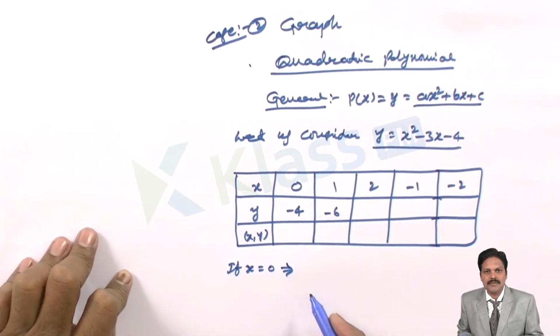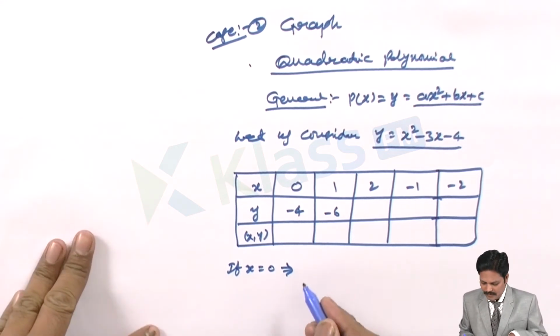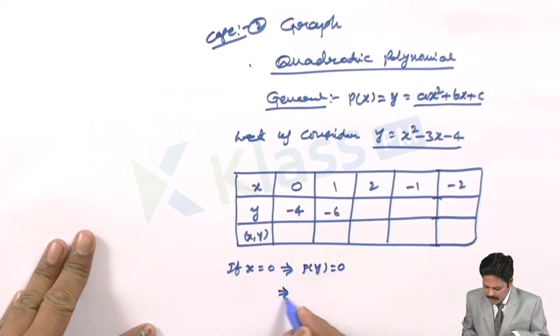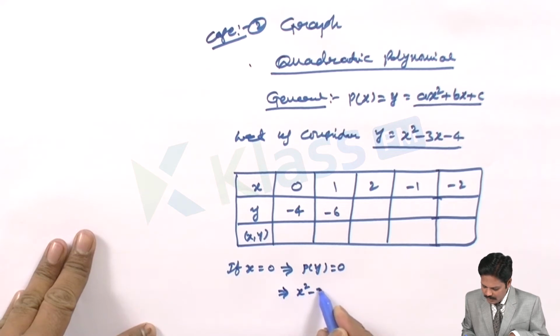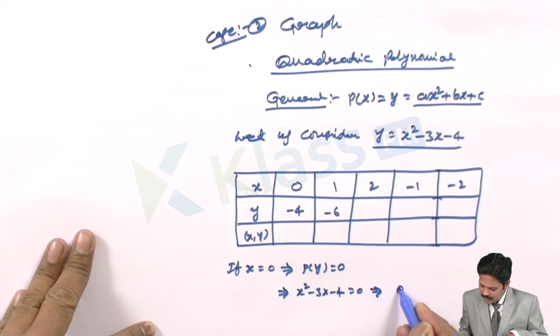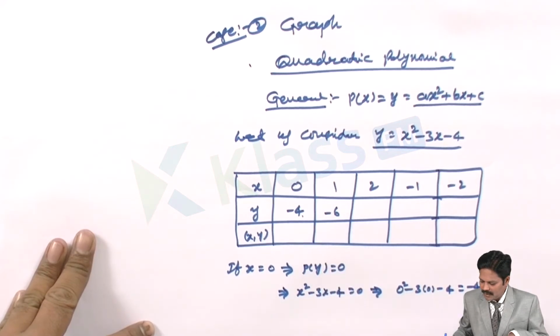Here also we are substituting, calculating the values to get the value of y. See, polynomial p of x is x square minus 3x minus 4 is equal to y. When the value 0 is substituted, I am taking 0 square minus 3 into 0 minus 4. The value is minus 4. This is the way we can get it.